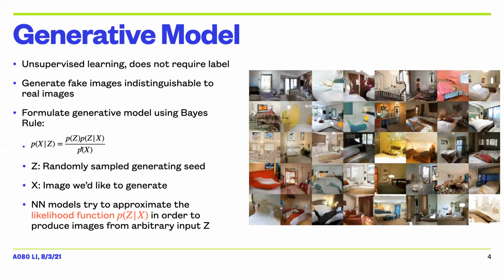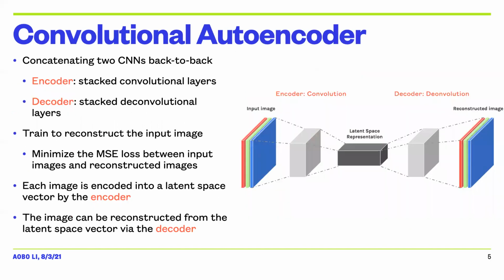And you also have this function P(X given Z), which is the likelihood function in Bayes' rule. This is the function you would like to fit when you are doing the generative model. The neural network model tries to approximate this likelihood function in order to produce an image from arbitrary input Z. So that's how it works.